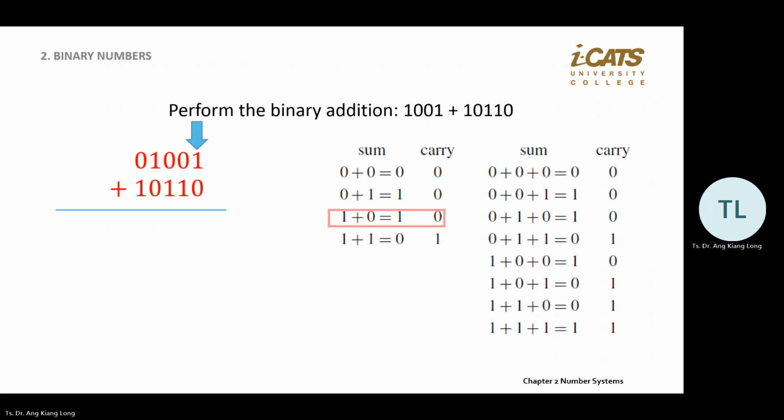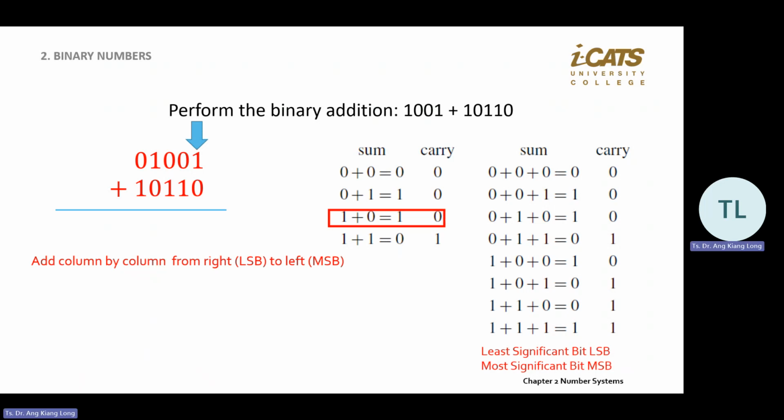So in your sketch, you write index 0. Index 0 means the far right number, 2 power 0. 1 plus 1 equals 0, carry 0. Basically, you just copy this meaning into here.